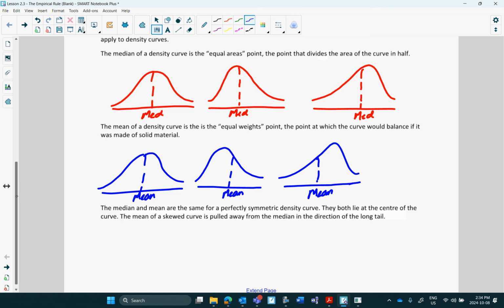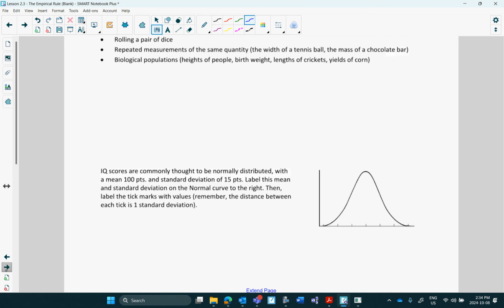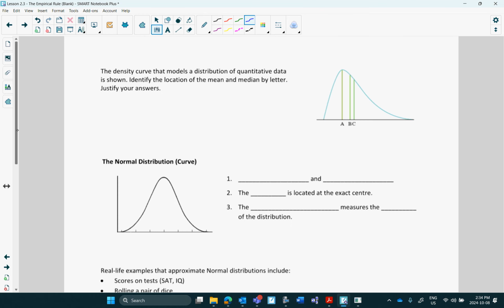So just as a quick example, if you were given this density curve and asked to locate the mean and median by letter, what would you say? What would be the best answer for, say, the median?